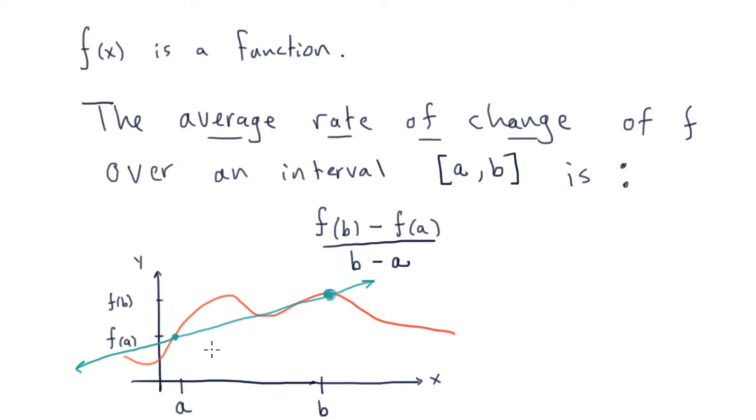Now this line has a special name. It's called a secant line. And a secant line passes through 2 points on a function or on a curve. So this is a secant line.